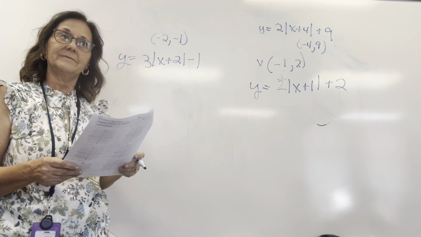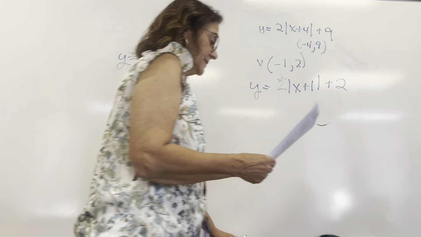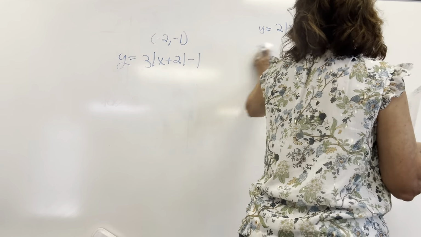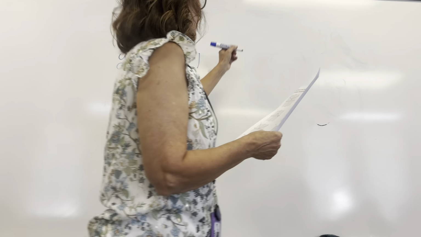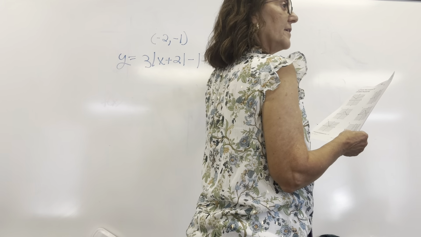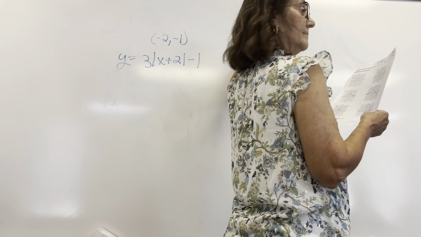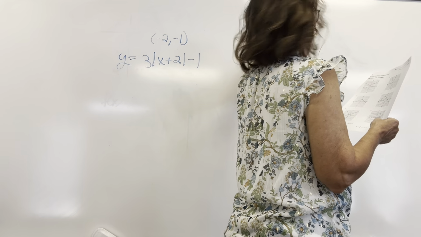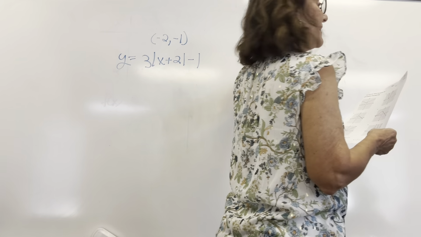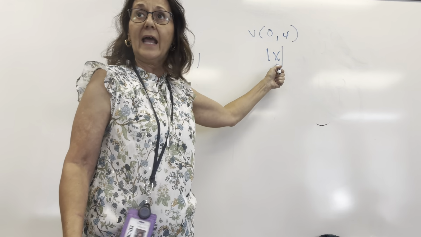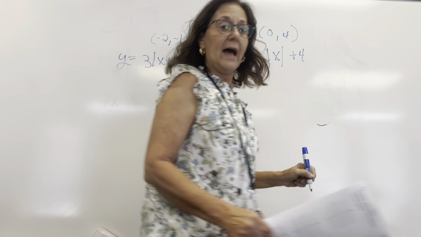Are y'all getting this? All right, let's look at number 3. Number 3, what is the vertex? 0, 4. So I'm not doing anything to x because I'm not going to add 0, but I'm going to add 4 on the outside.